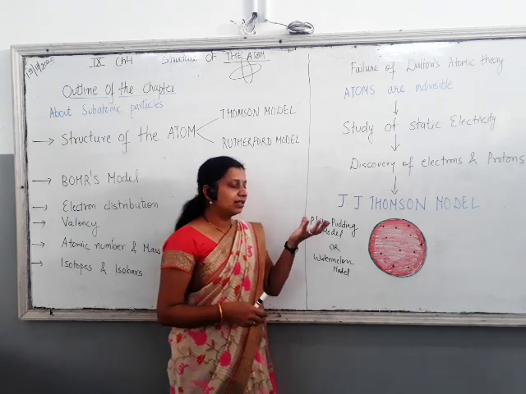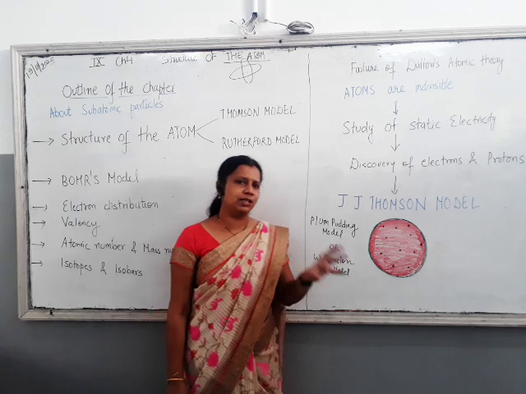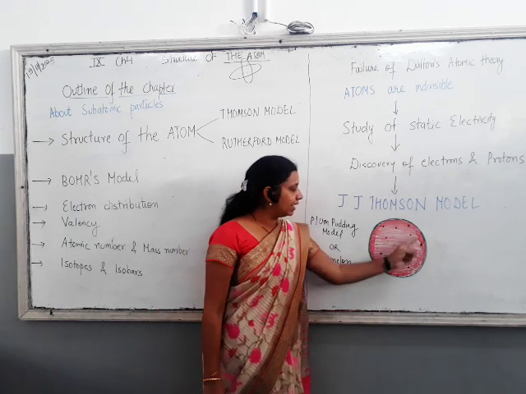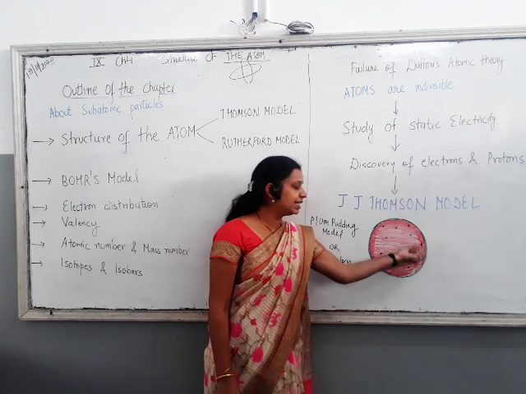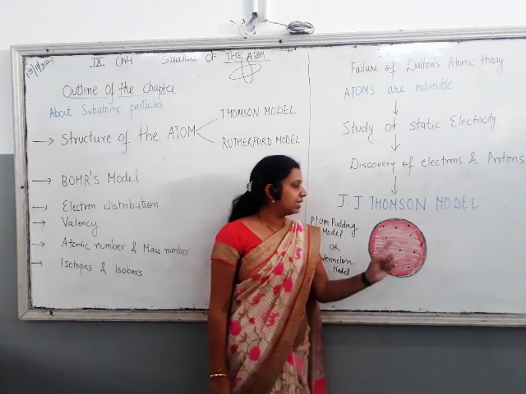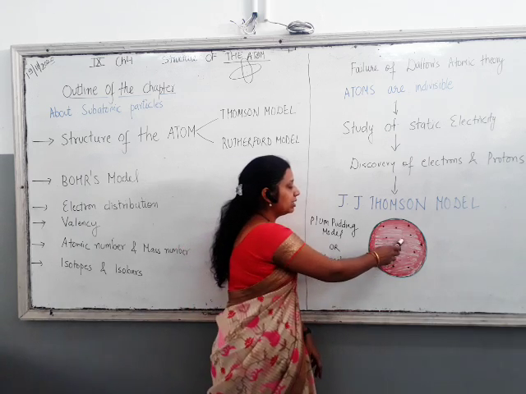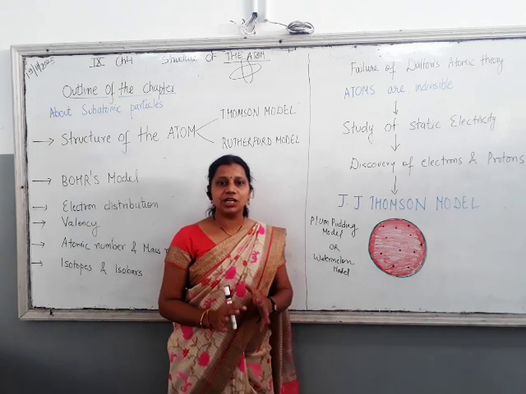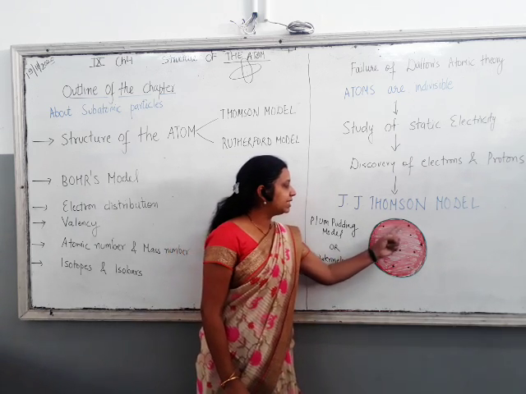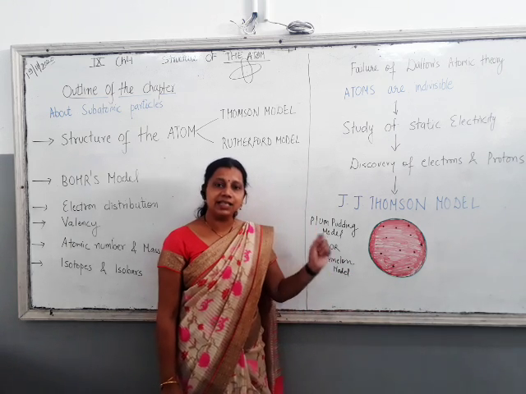Or better, you can understand this model as a watermelon model. You know how a watermelon looks, right? You have a red part, the flesh, and seeds in between. Thomson said the structure of the atom is similar to this, where the red part denotes the positive charge, and the black seeds denote the negative particles, that is, electrons.